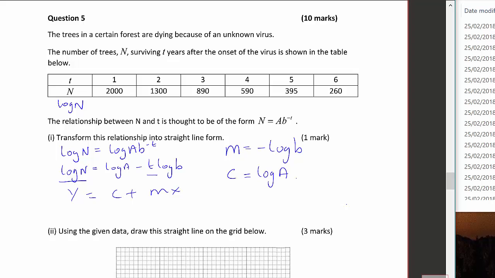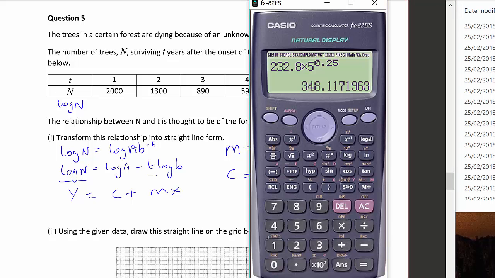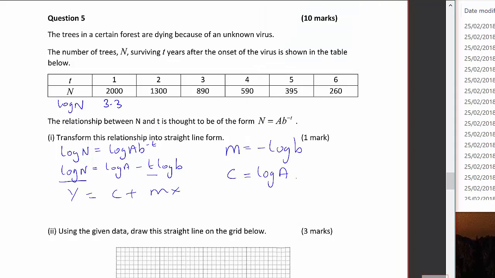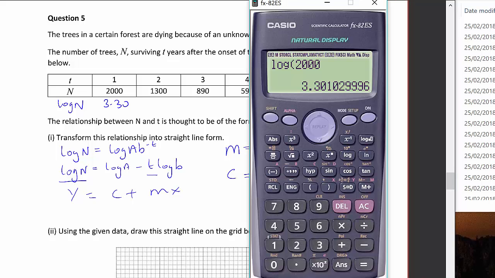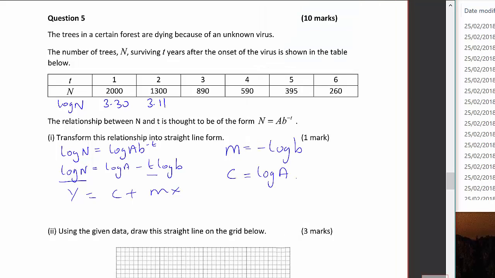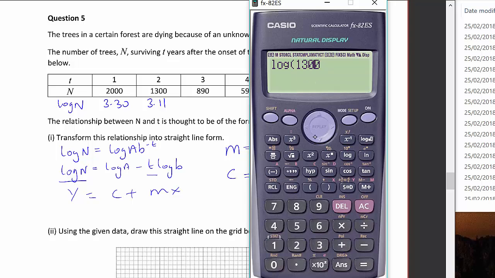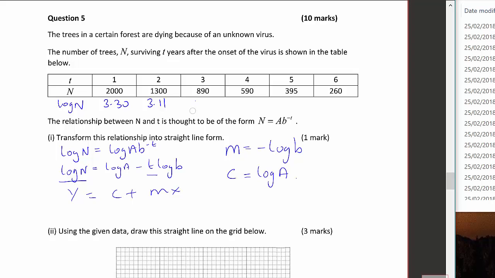Okay, so we're going to need these log figures. So we need log of 2000. That's 3.30. We're going to need log of 1300, that's 3.11. We're going to need log of 890. It's 2.95.